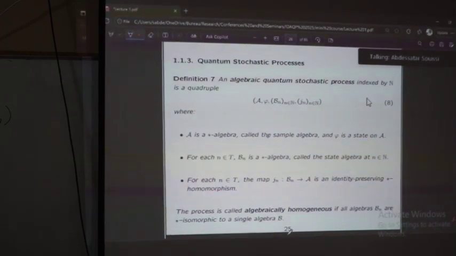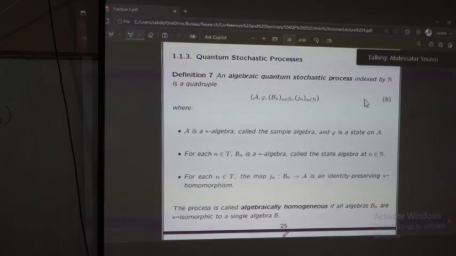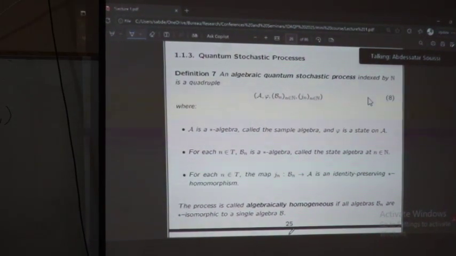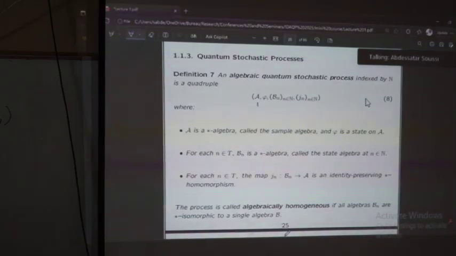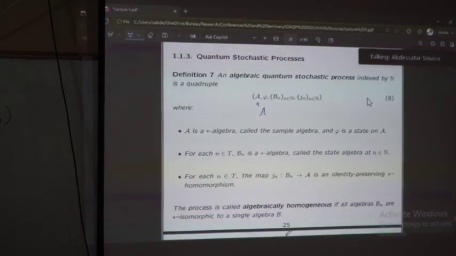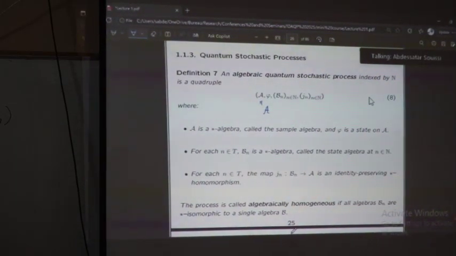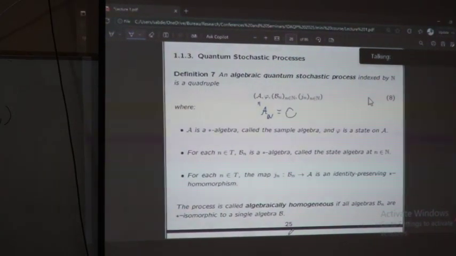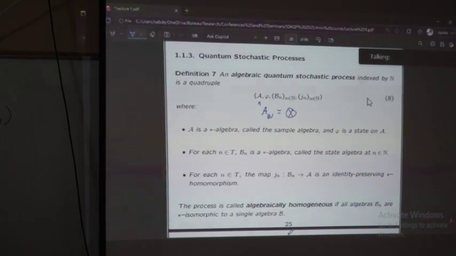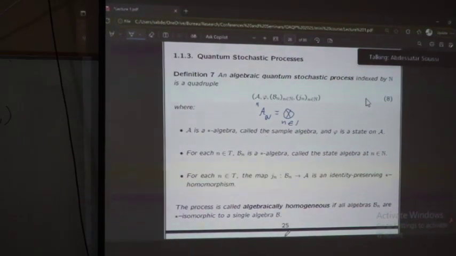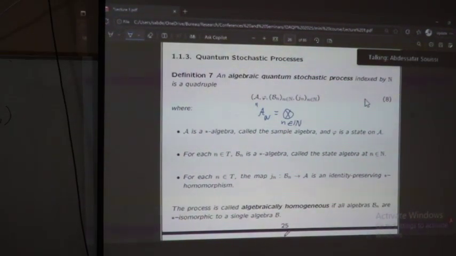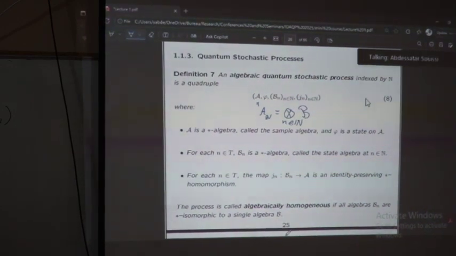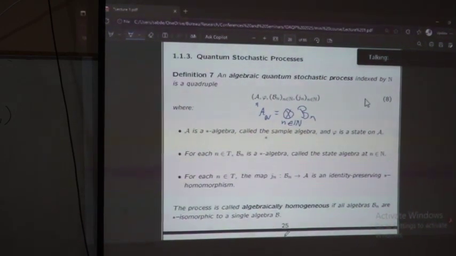Here we have the construction of all of these. In our case, A is the quasi-local algebra, which is the tensor product of the B_n related to G_n.